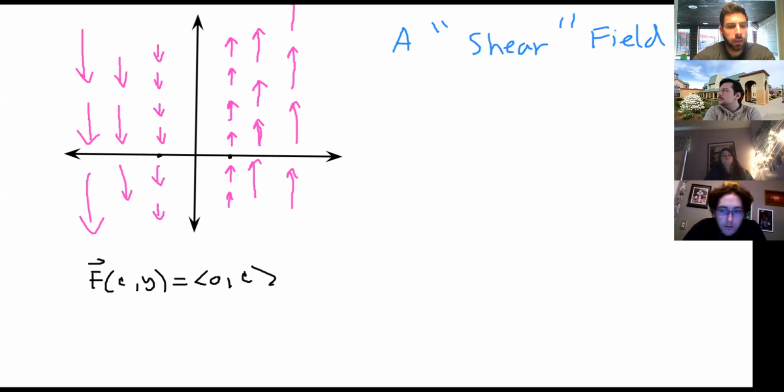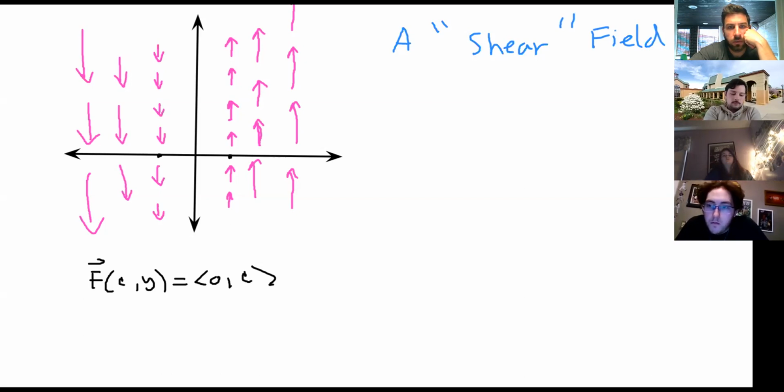As I suggested earlier, the best way to teach yourself how this works is to do some of these by hand. But all you have to do is Google vector field plotter or vector field grapher. GeoGebra does it. So I'm going to share a different page with you.